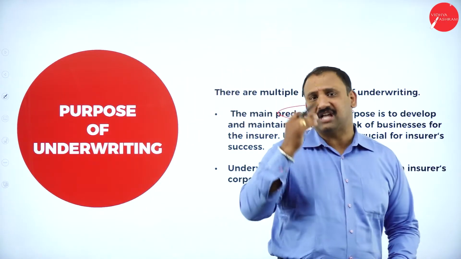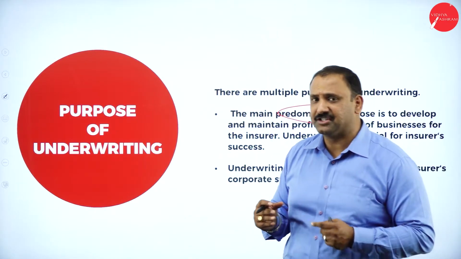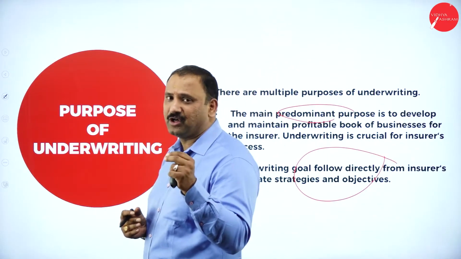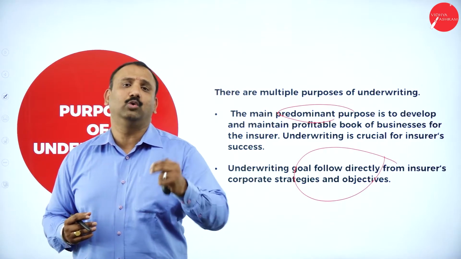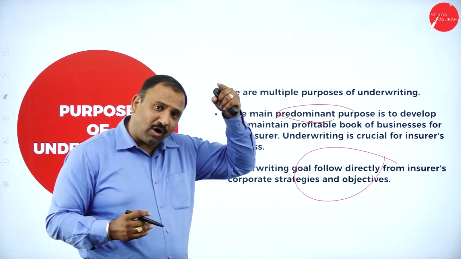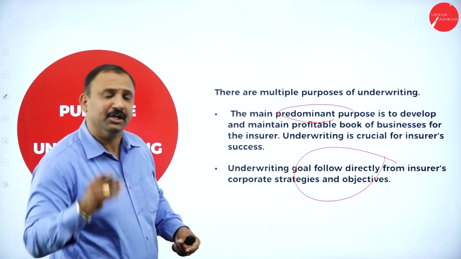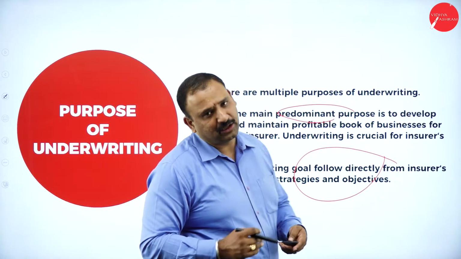The underwriter's ideology will try to match the corporate vision and strategy. Why? Because the primary ideology is to make money out of risk coverage. So that is where the insurer will directly follow the underwriter, and the underwriter will try to help the company to achieve its objectives in the long run.